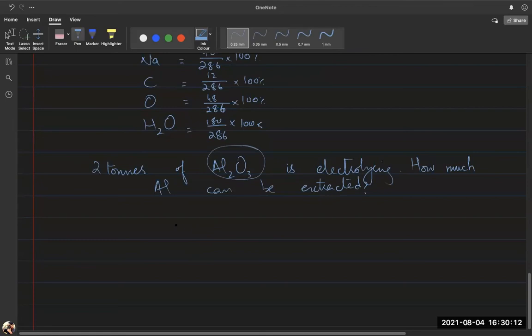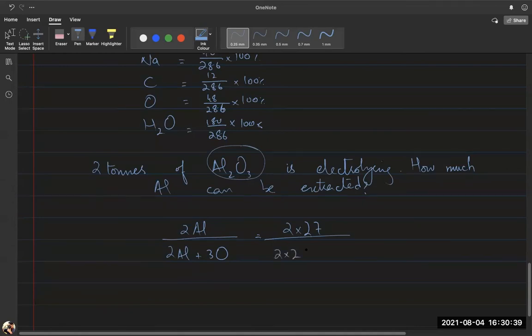Let me do it for aluminium. I'm not interested in oxygen, I'm just interested in aluminium. So I have 2 aluminium out of a total of 2 aluminium and 3 oxygen. So I'll put in the numbers. Aluminium is 27, so 2 times 27. Interestingly, aluminium is the only metal so far for which we haven't found an isotope other than the 27 one.